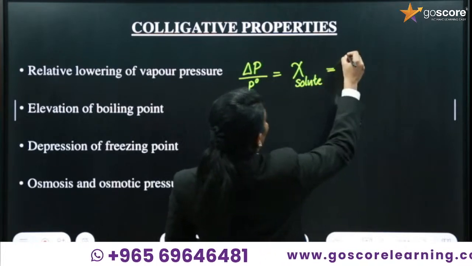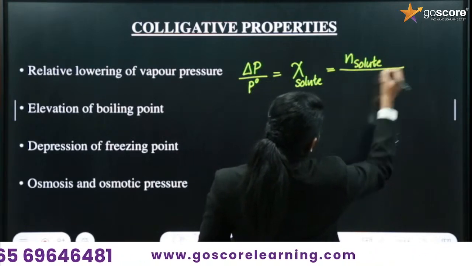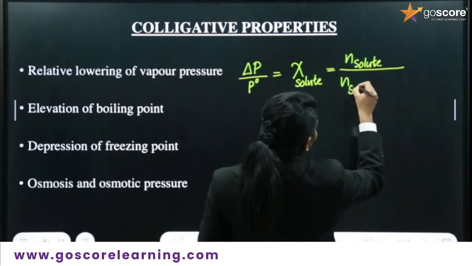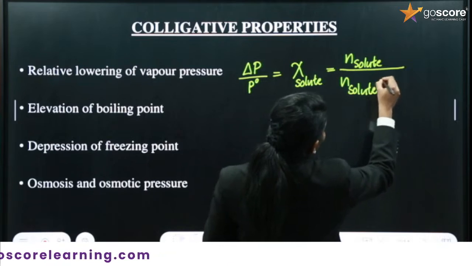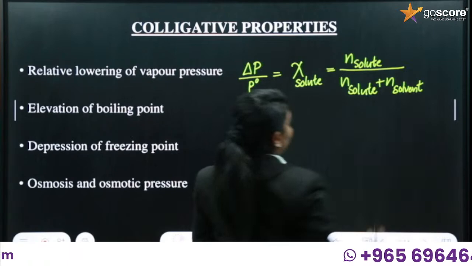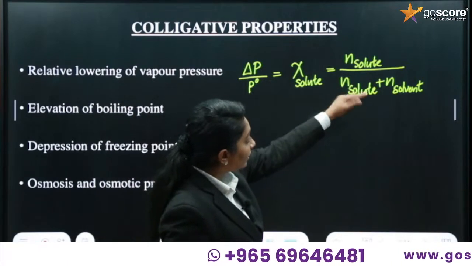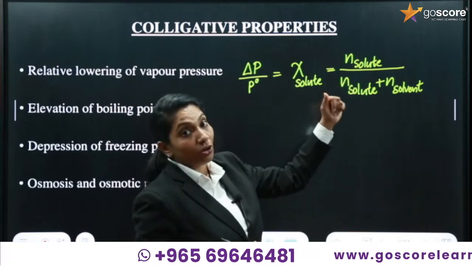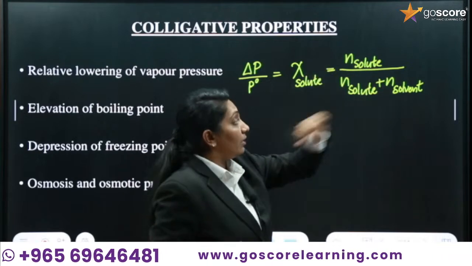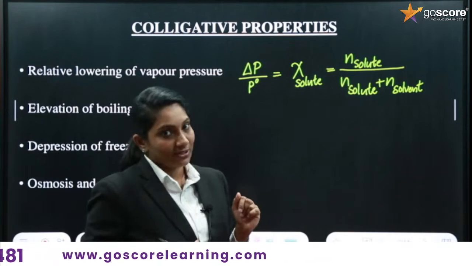That's equal to number of moles of solute divided by number of moles of solute plus number of moles of solvent, right? For a very dilute solution, we can ignore the number of moles of solute in the denominator and write number of moles of solute upon number of moles of solvent. That is only for very dilute solutions.